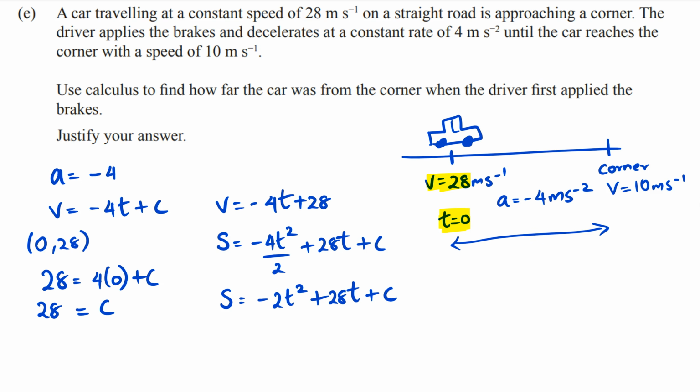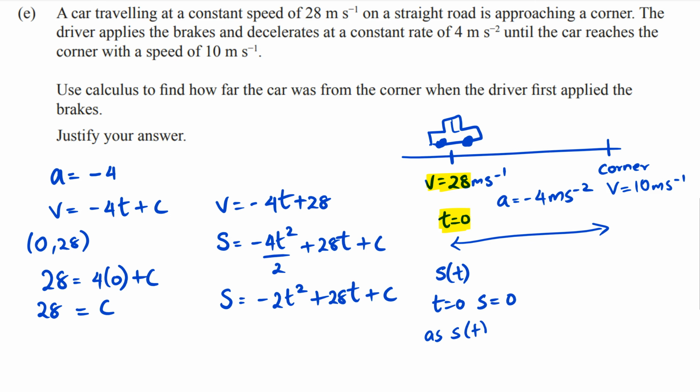Now I've got this equation, s equals -2t squared plus 28t plus c. Now I'm going to put down s of t starting from where the brake was applied. If the brake was applied at the starting point, then I could say that c is equal to 0, because when t is equal to 0, s is equal to 0.